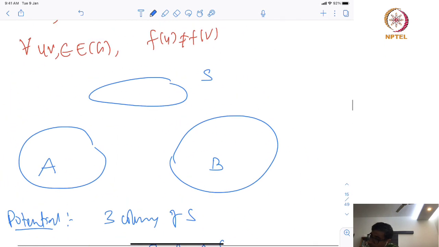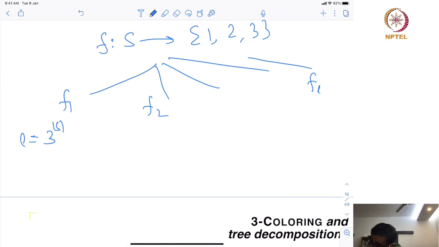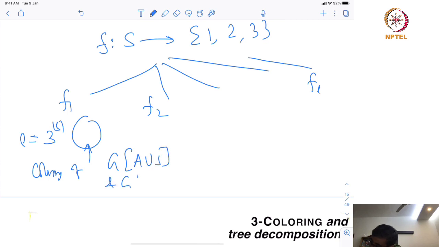Now what are we doing after this? Once we have decided the coloring here, what are we looking for? We want to find a coloring of 2 graphs, basically the graph induced on A union S and the graph induced on B union S. A graph G has a 3 coloring if and only if the graph induced on A union S and the graph induced on B union S have a 3 coloring that agrees with F1.